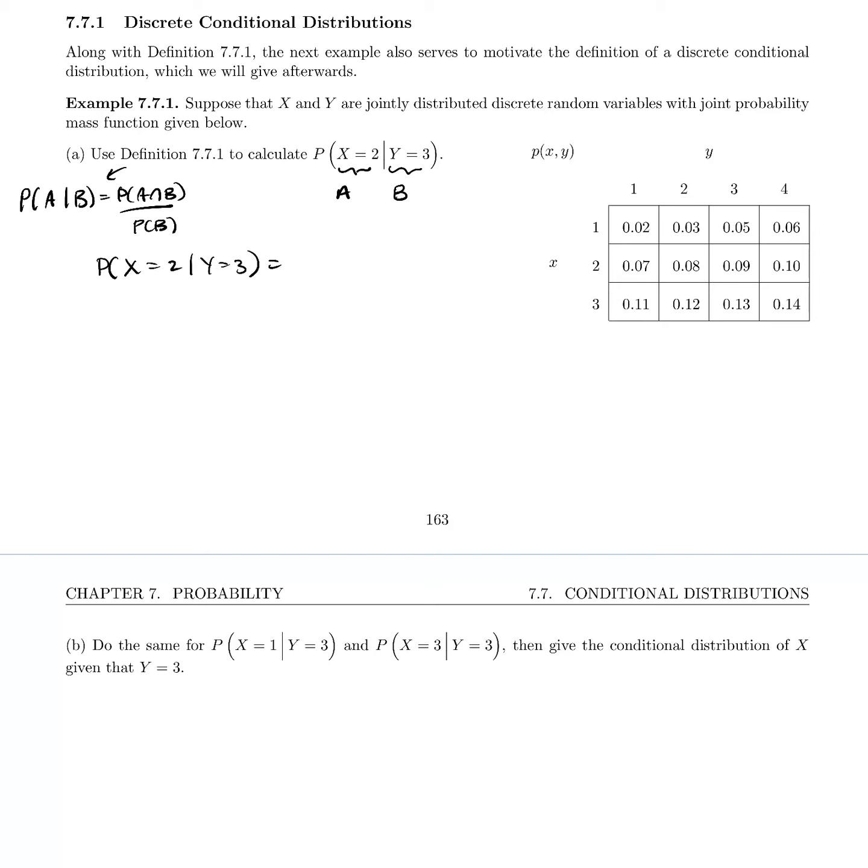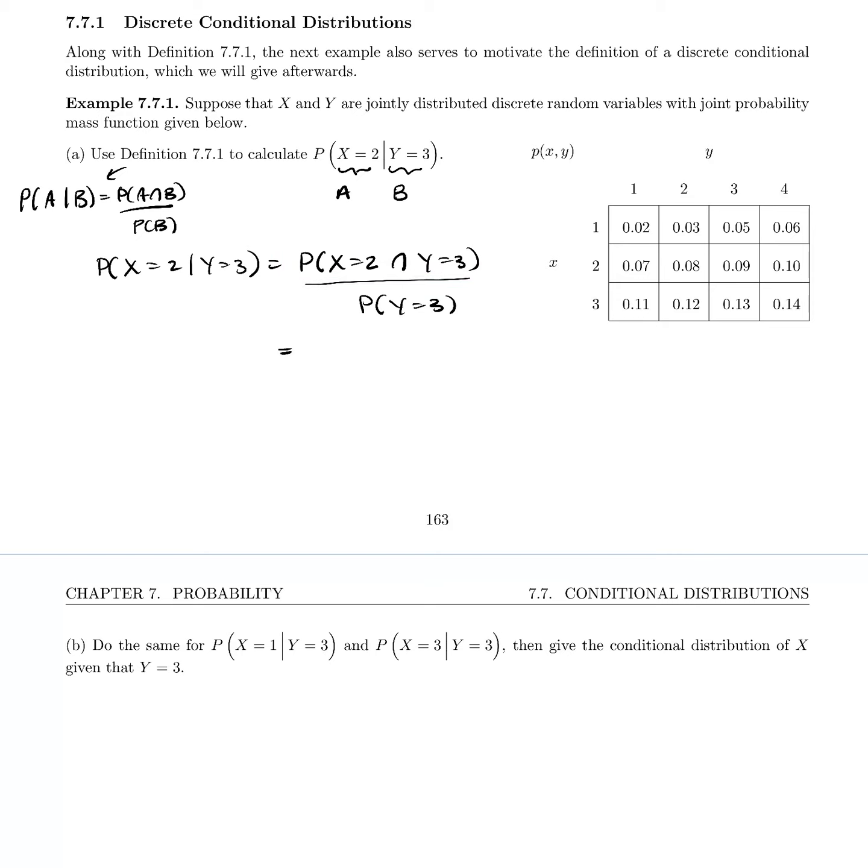Using the definition of conditional probability of events, this is the probability that X is equal to 2 and Y is equal to 3 divided by the probability that Y is equal to 3. The numerator, which we have usually written just as a comma, was the exact definition of the probability mass function.